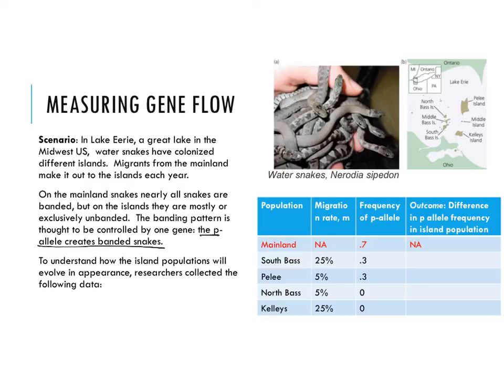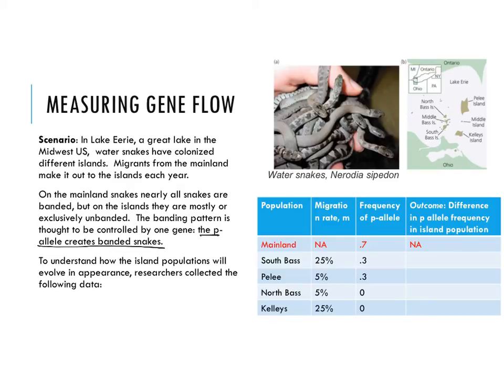They calculated the frequency of the P allele in those island populations, but they also got it for the mainland, right? So the mainland was 0.7. And then from that, we can calculate the change in P, so how much impact migration is going to have in this population. So I'm going to do the first one, and then you're going to do the second one, okay?